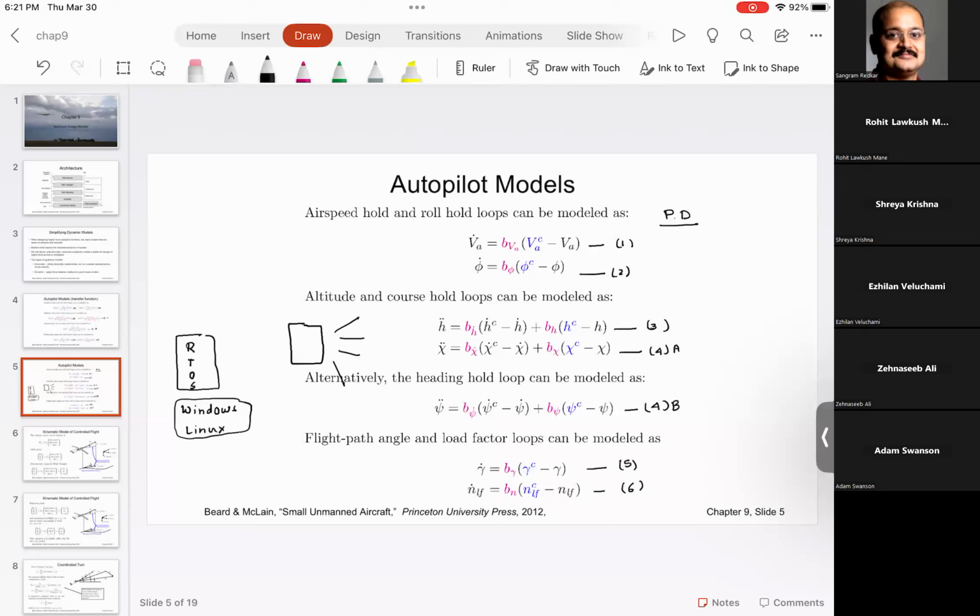Clearly, these are the autopilot models. So you are going to have some stabilization, low level control, and then this autopilot control would work on top of that low level control. But this is the bare minimum, bare bones autopilot: these equations.